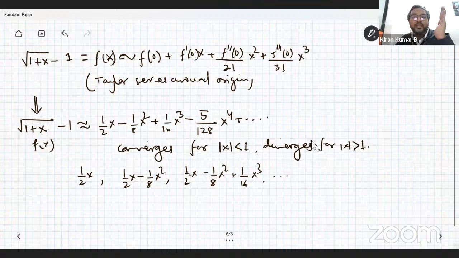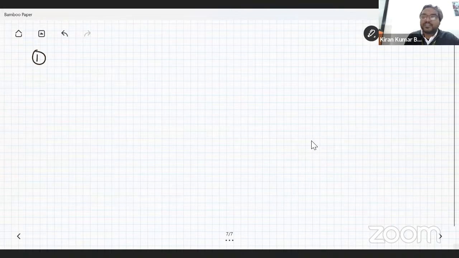Polynomial approximants in one case, rational approximants in the other case. But if a Taylor series is there, why study continued fractions? Because continued fractions are in a way difficult to derive. The interesting part is there are two interesting facts. First is numerical experiments.